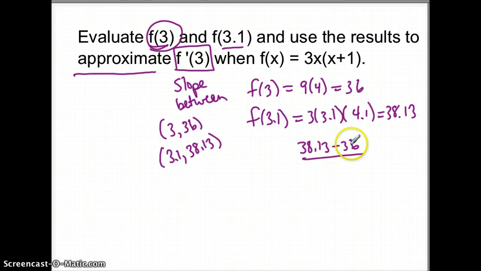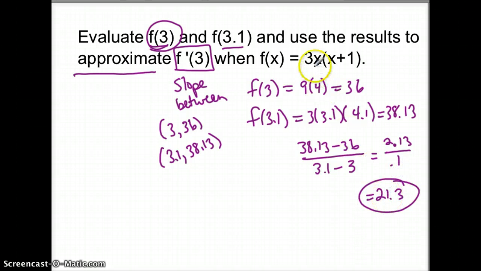So y2 minus y1 over x2 minus x1. That is 2.13 divided by 0.1, which is 21.3. So we're approximating the derivative of that function at 3. That's one of the problems on your homework. I just wanted to make sure you were aware of how to do that.